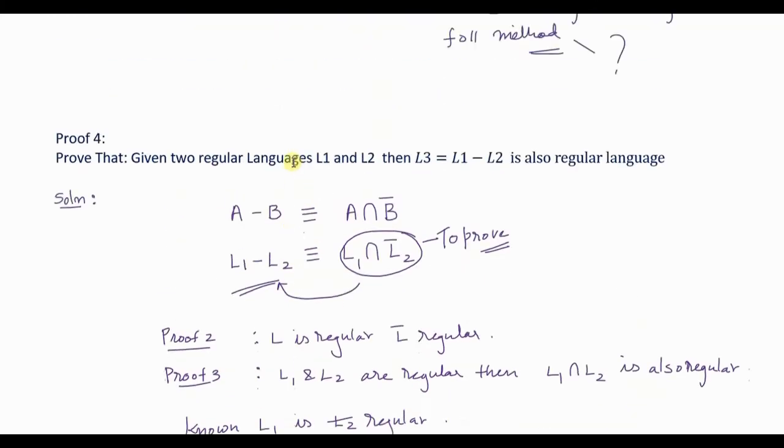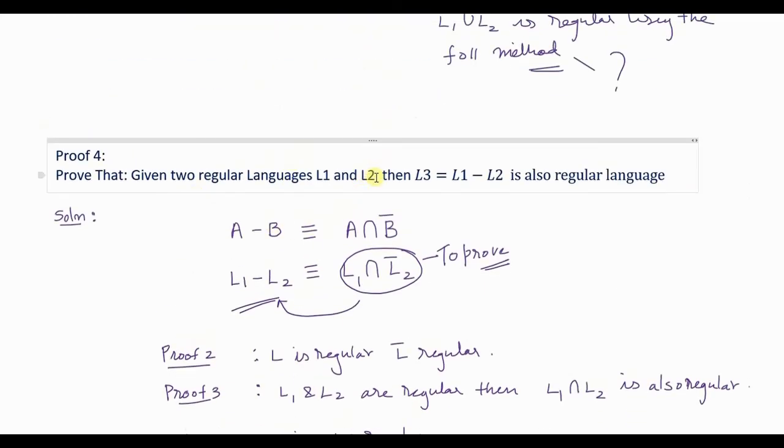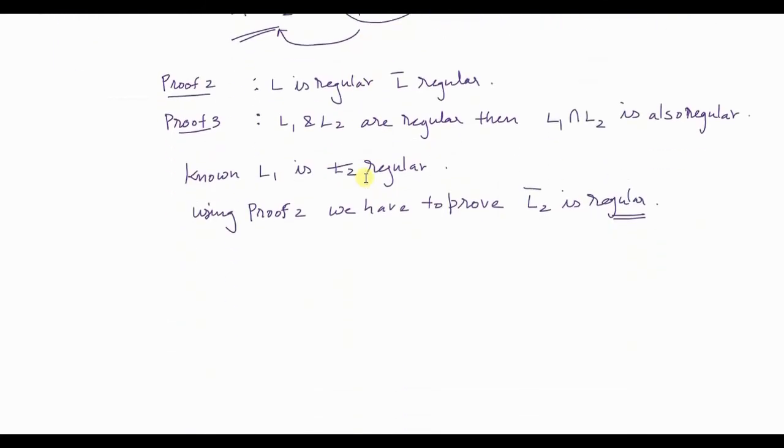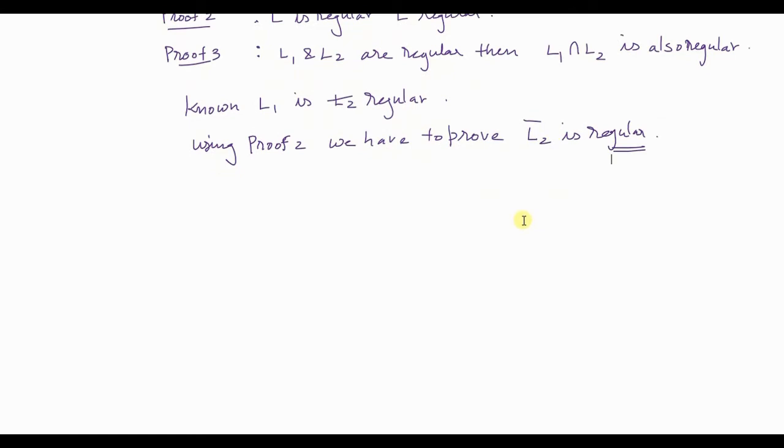Okay, we already know that L2 is regular, so we have to prove L2 bar is regular. So you can use this proof number 2, which is if L is regular, L bar is also regular. You use this proof number 2 to prove that L2 bar is also regular. At this moment, after proving proof number 2, we know that L1 and L2 bar are regular. Okay, so then we have to only prove now that L1 intersection L2 bar is also regular.